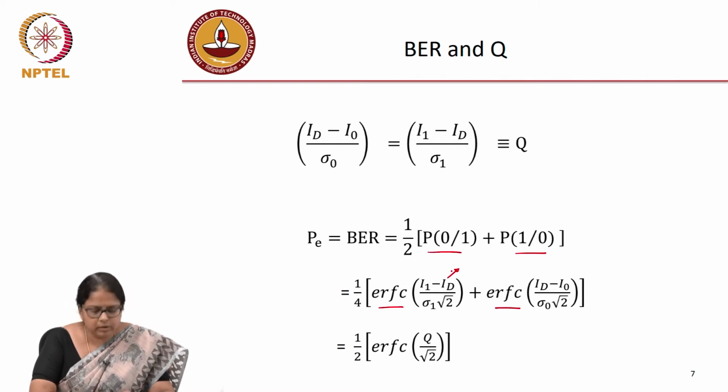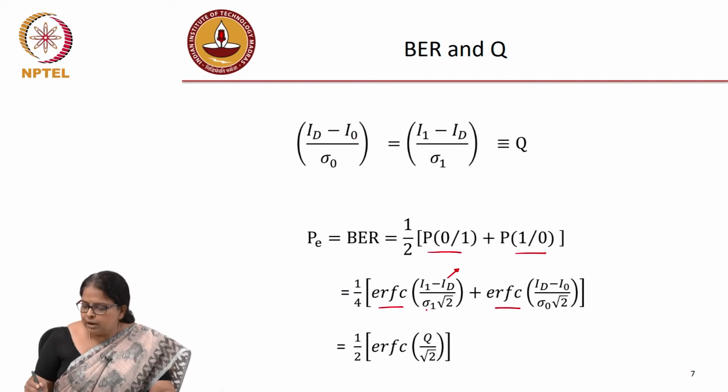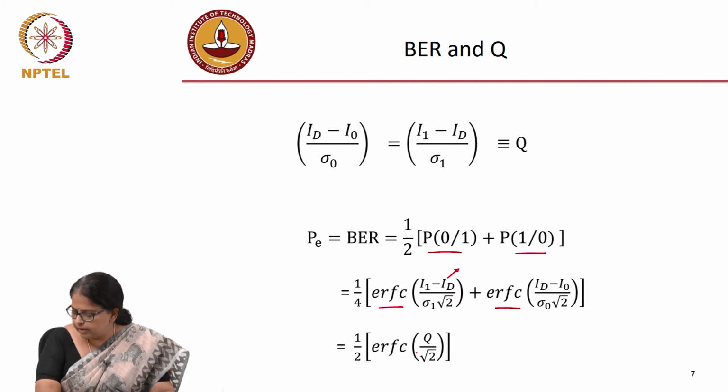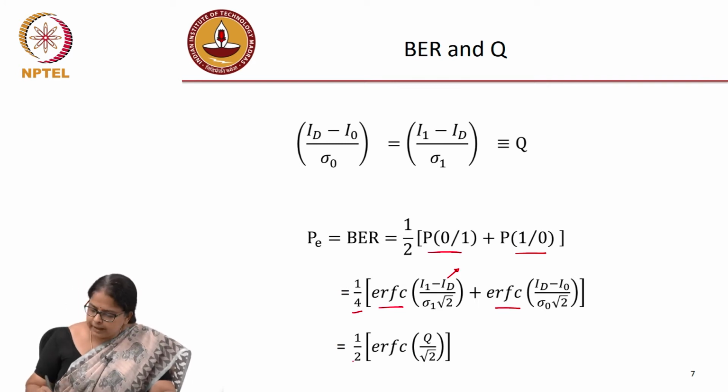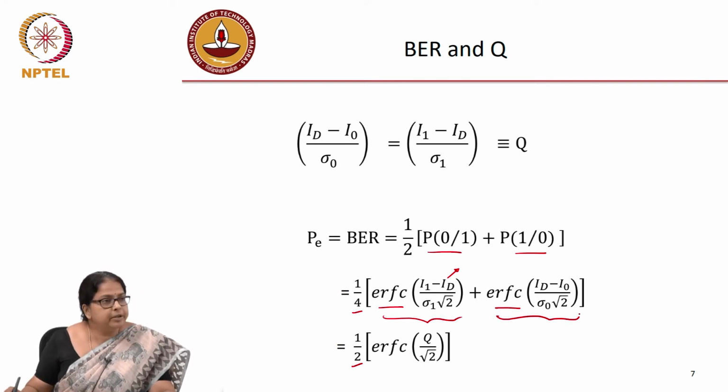Now that we have found the optimal ID, I just substitute it here, and you will realize that (ID minus I naught) by sigma naught and (I1 minus ID) by sigma 1 is nothing but Q, with an extra root 2 factor here. So, this is simply Q divided by root 2. The 1/4 became 1/2 because you had two contributions and both are identical.